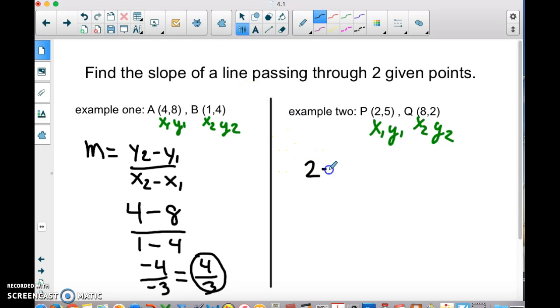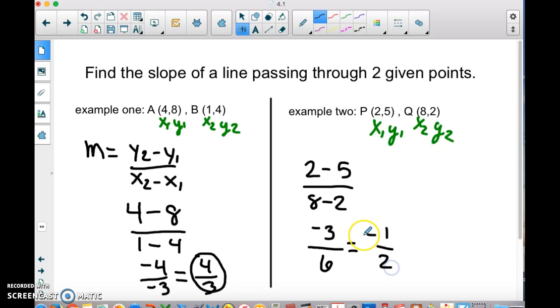So we have 2 minus 5 over 8 minus 2. 2 minus 5 is negative 3. 8 minus 2 is 6. And we always want to simplify our fractions, so this simplifies to negative 1/2. So the slope of the line that passes through these 2 given points is negative 1/2.